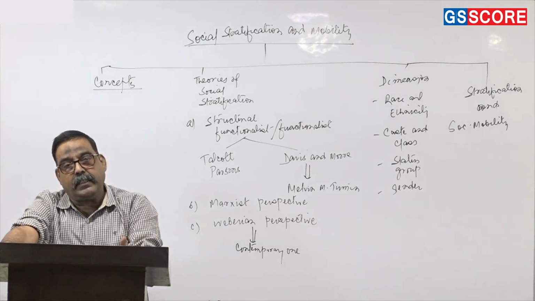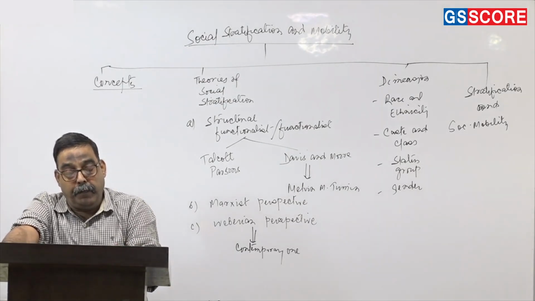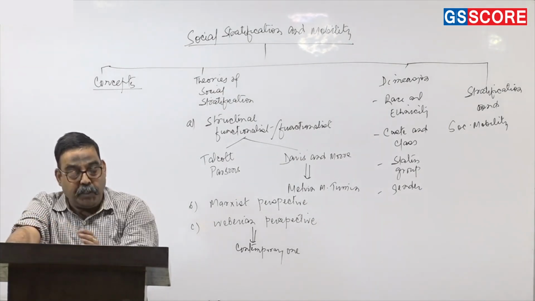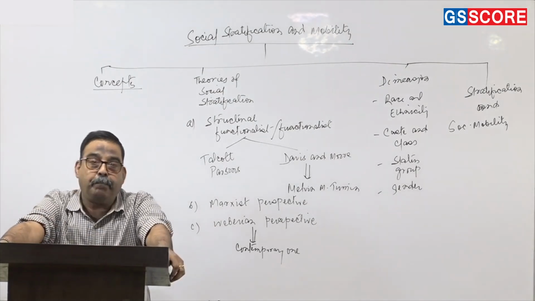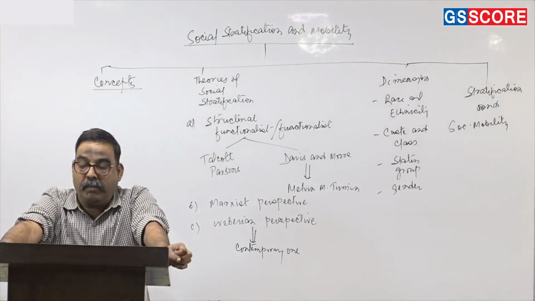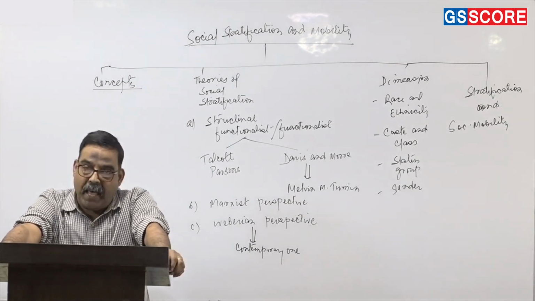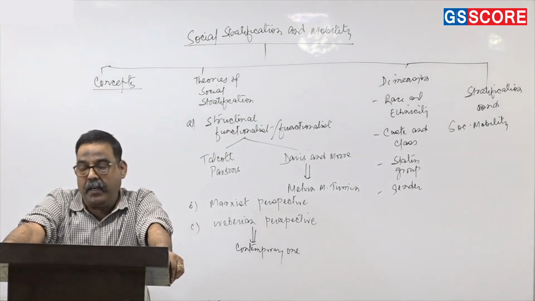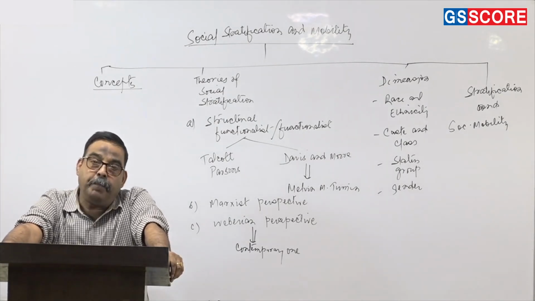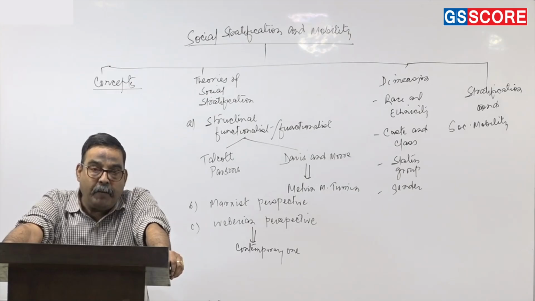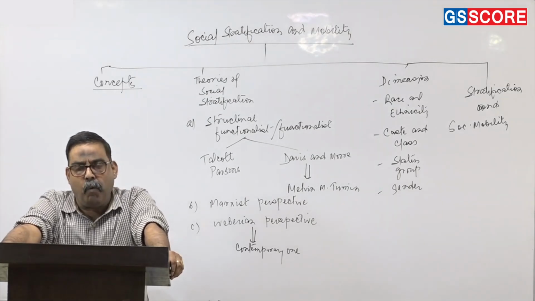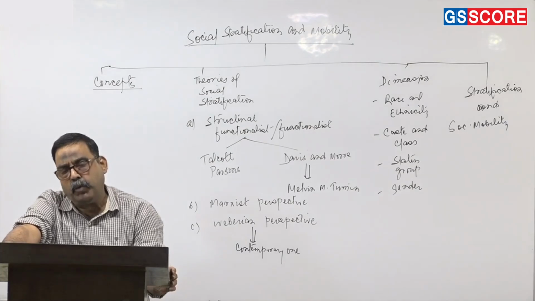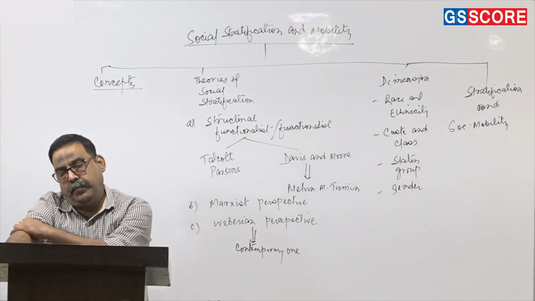It is basically a system of ranked statuses by which the members of society are placed into higher or lower strata, implying that social stratification is a way to rank a large number of people in a hierarchy, manifesting relative privileges, power, wealth, those social parameters which society considers to be worth.